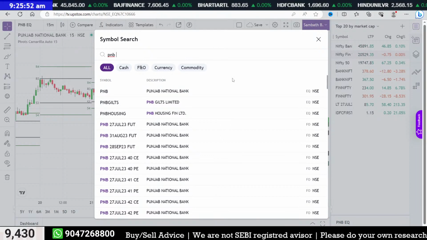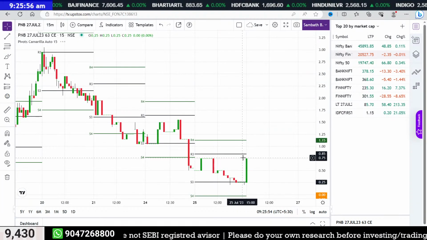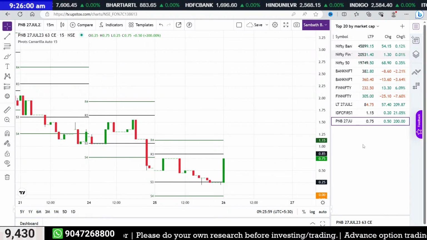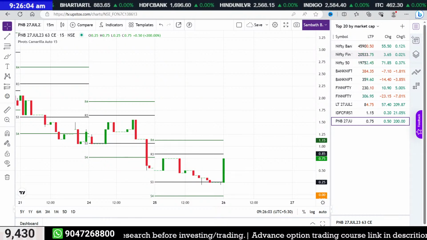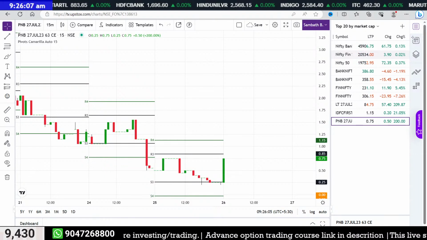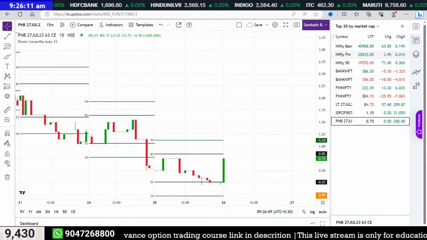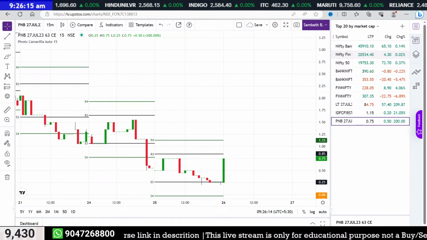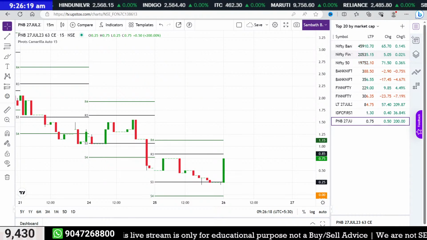PNB 63 because it's a nearby OTM. So it's about 0.75 to 80 paisa. Maybe we'll track this. Good opportunity at this moment. PNB Punjab National Bank. 63.